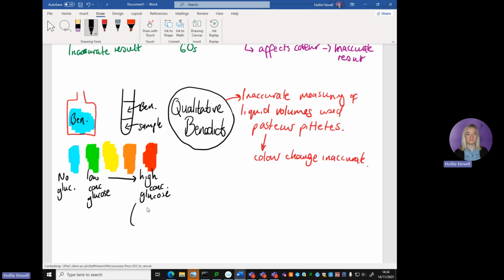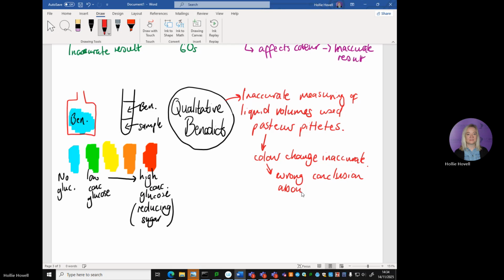Okay. Sometimes when you look this up, it says reducing sugar. Glucose is a reducing sugar. Okay. So if the colour change was inaccurate here, you would then think that there's a different concentration of glucose to what there actually is. So you would make the wrong conclusion about the glucose concentration.